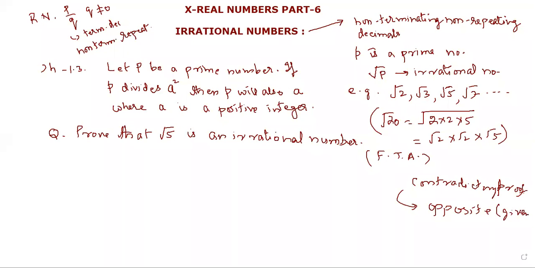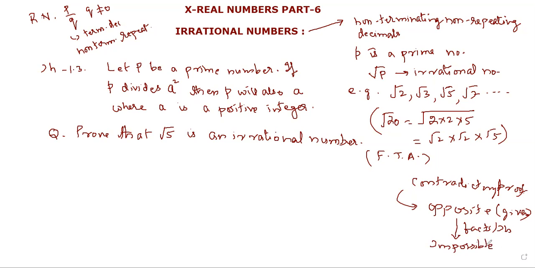Then we apply some theorems, formulas, facts or results of mathematics, and we reach a conclusion that is not possible. Suppose we get 1 is equal to 2, which is not possible.